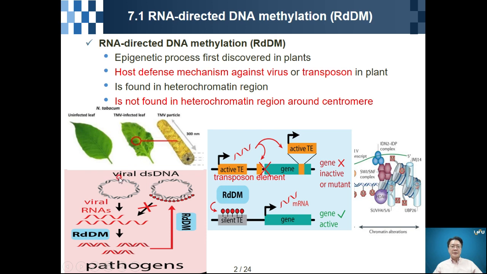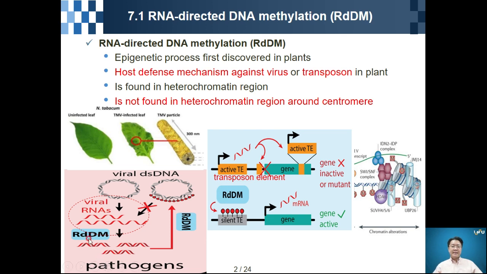For example, this is the viral double-stranded DNA. Initially, after the virus enters the host plant, the viral RNA can be transcribed. After the viral RNA is transcribed, the host defense mechanism happens.